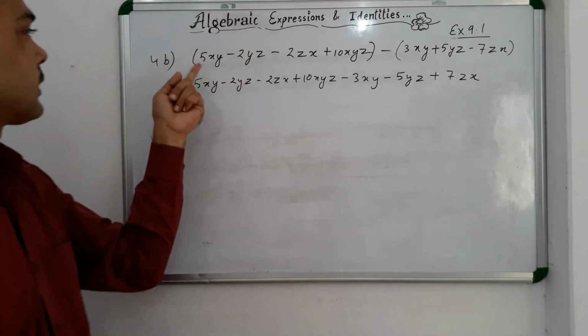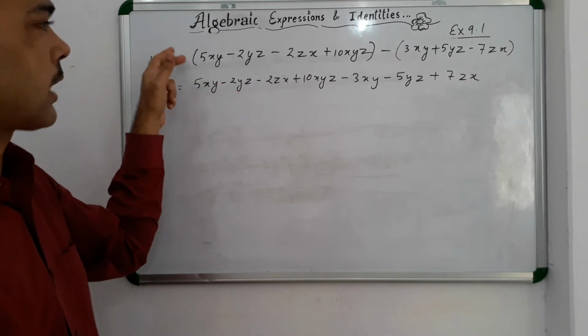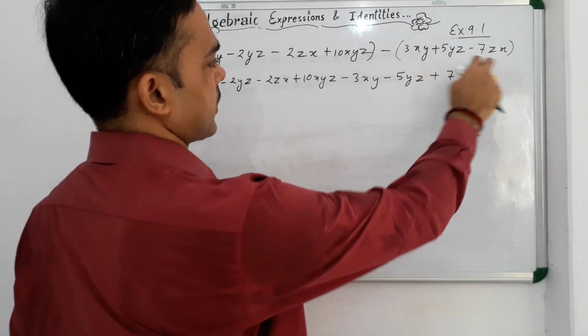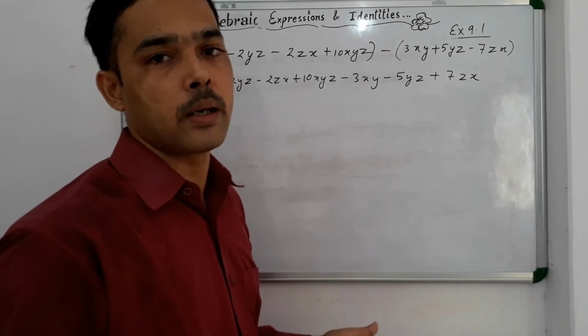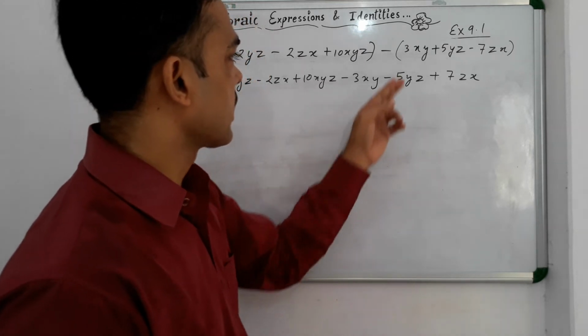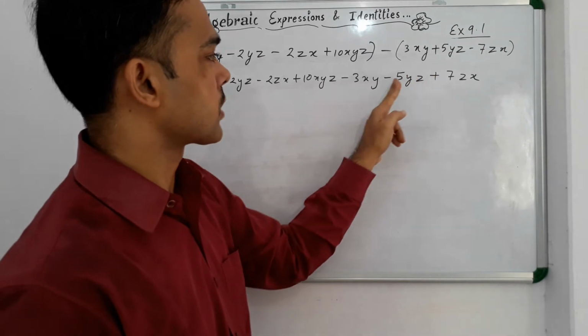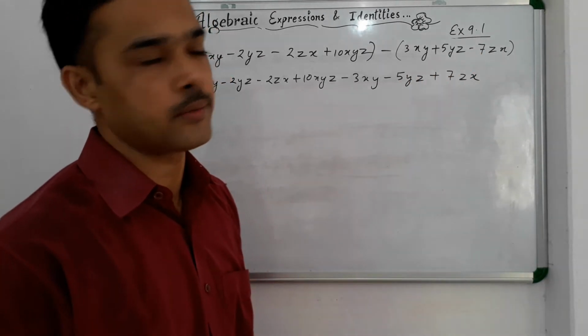I have written this expression as it is because there is no sign, it means it is positive. But for this expression, in the beginning it is the negative sign, that is why when you multiply, the sign will change. This is positive so it became negative, this also is positive so it became negative, and this is negative so it became positive.